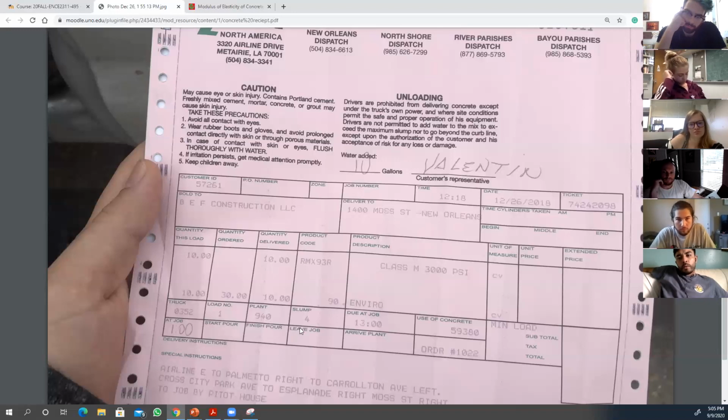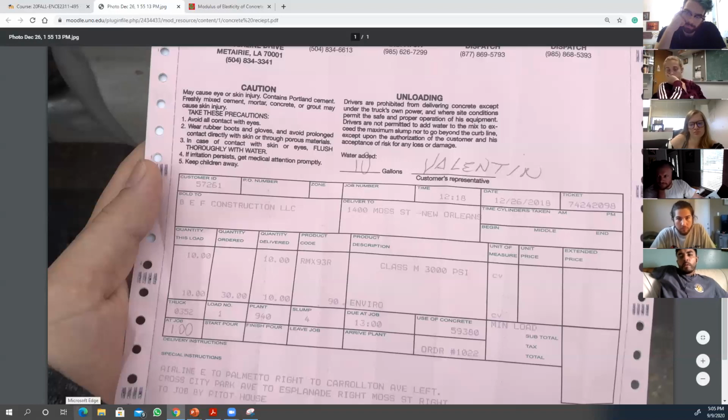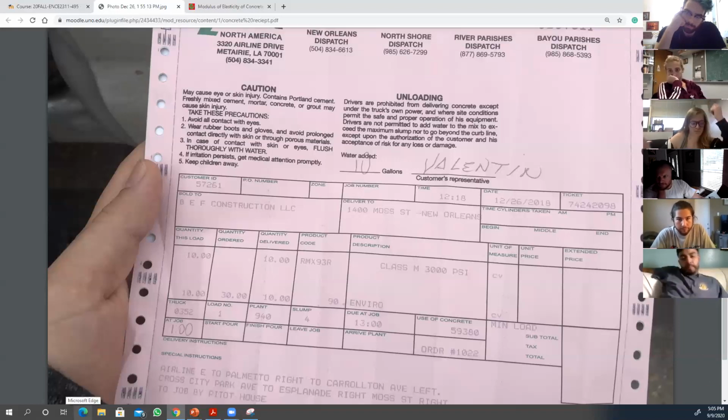You look at the slump, and then you take your slump cone and you test it. See if it's 4 inch. If it's not 4 inch, you already know it's not going to be, let's say, 4,000 PSI. On top of that, this is not enough. You test it.